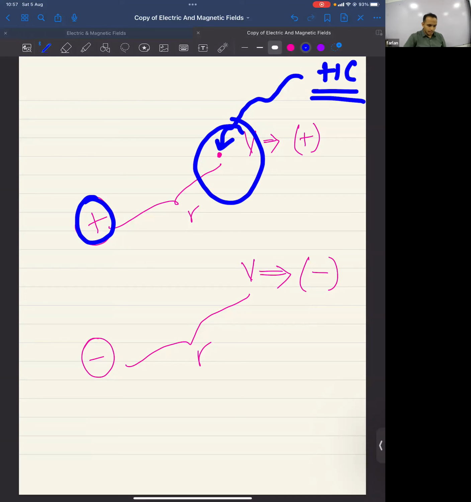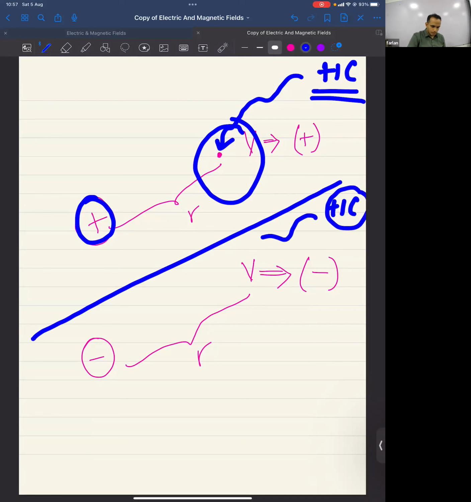In this case, if you are bringing a +1 coulomb charge from infinity to this point, do you have to do work? No, because naturally they are attractive. These are negative charge, these are positive charge. You just leave it, they get attracted. The work is done by the field itself.